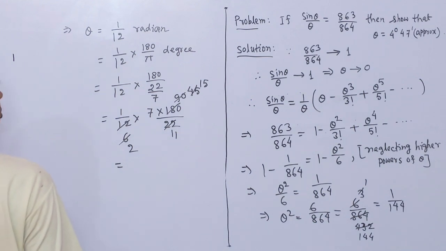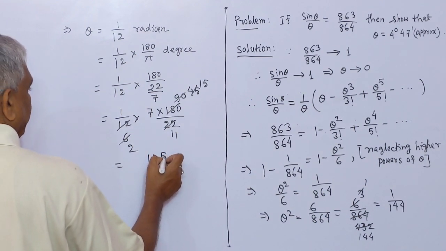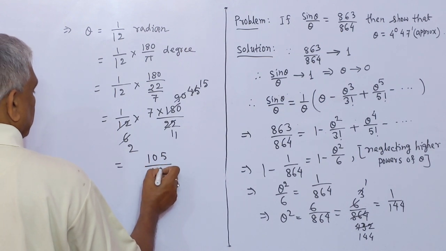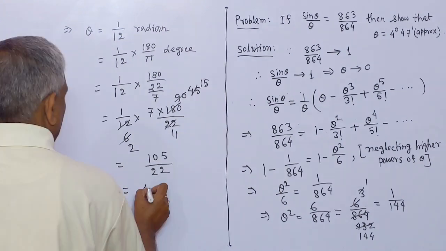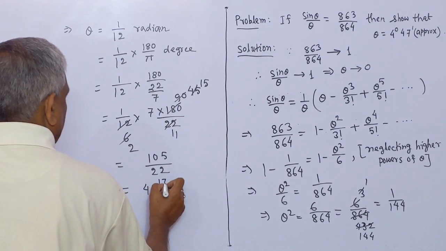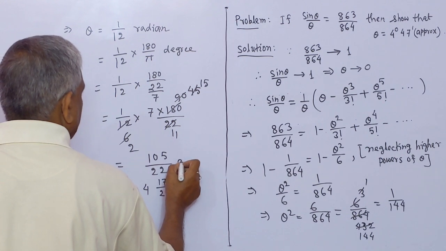This is equal to 105 by 22, and this will be equal to 4 17 by 22 degree.